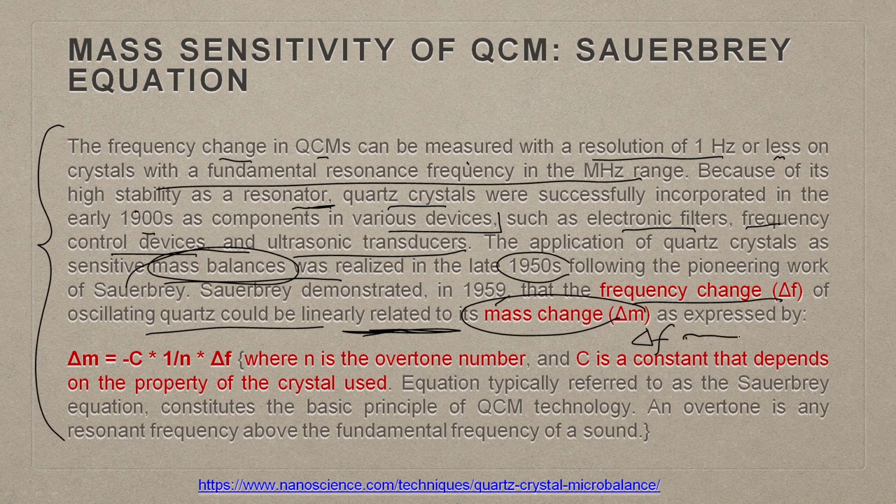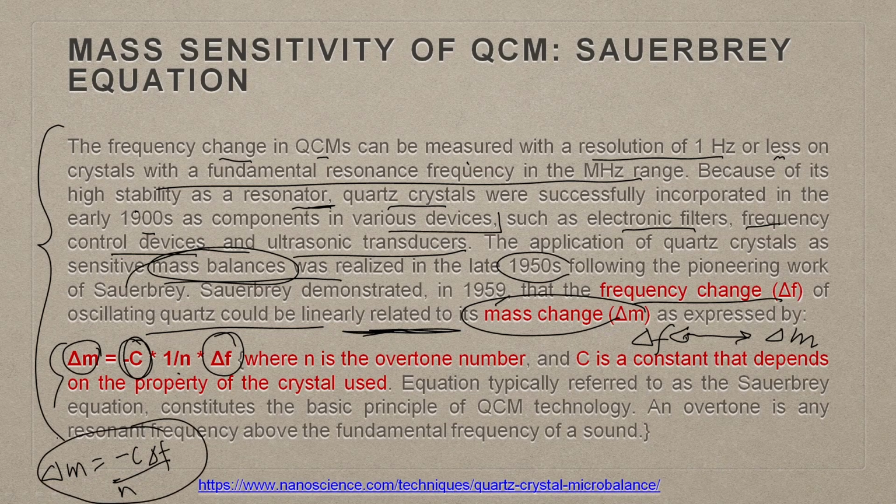So, there is a relationship between delta M and delta F, and the equation Sauerbrey developed is this: delta M is equal to a constant, I'm not getting into the derivation, I will give you a reference, you can look into it, 1 upon n, where n is the overtone number, multiplied by delta F. So, you can write it like this: delta M equal to minus C upon n, delta F. This is the equation.